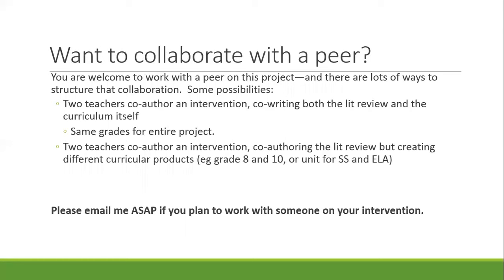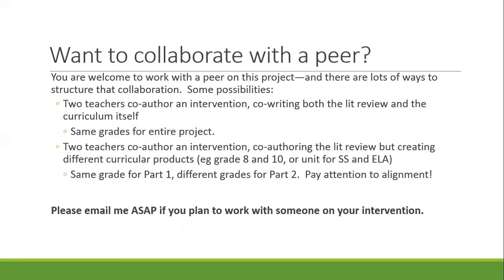Another option would be for two teachers to co-author an intervention, writing the literature review together, but then creating different curricular products. For example, if you wanted to work with somebody who teaches in a different grade or subject area and wanted to create complementary curricular units, you might do your lit review and write your rationale together, but then each create something that you would actually use in your local context.